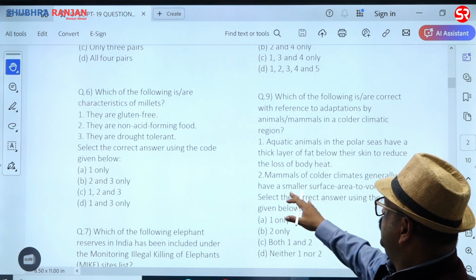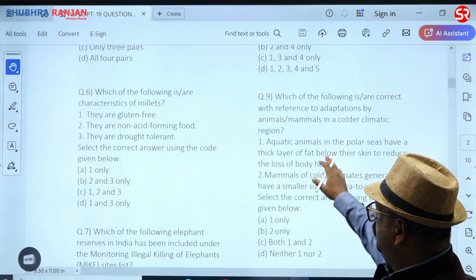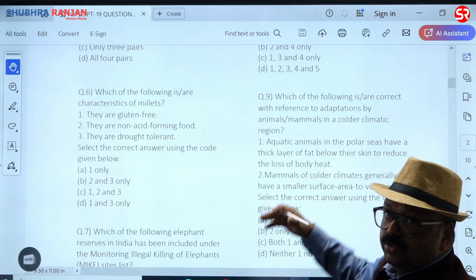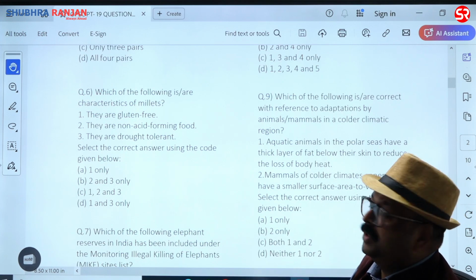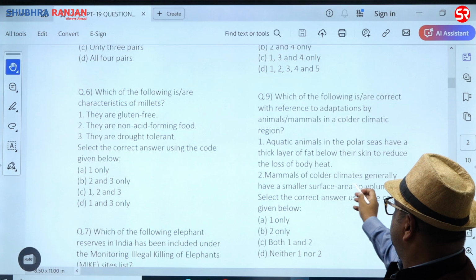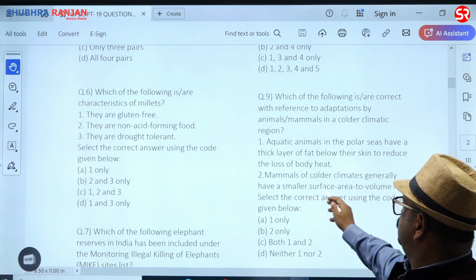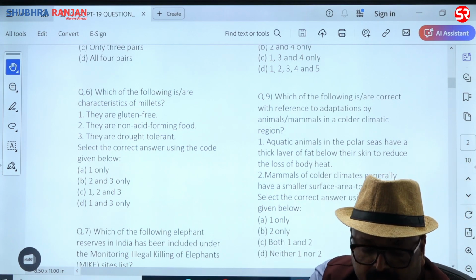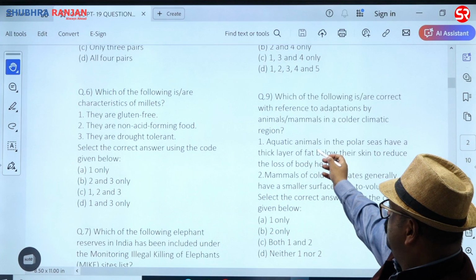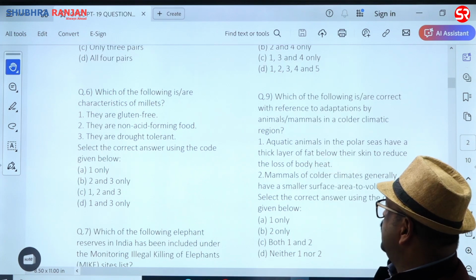Yes, to ensure there is no loss of body heat. Further, it is also a reserve food material. Mammals of colder climate generally have a smaller surface area to volume ratio. So what is the right answer? Both 1 and 2 are going to be right.